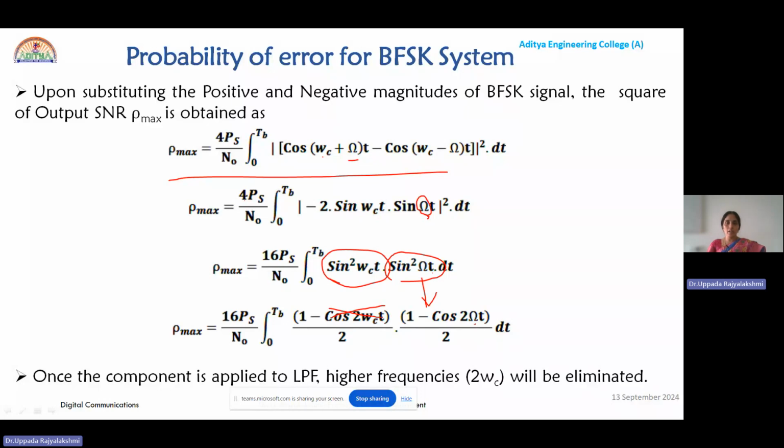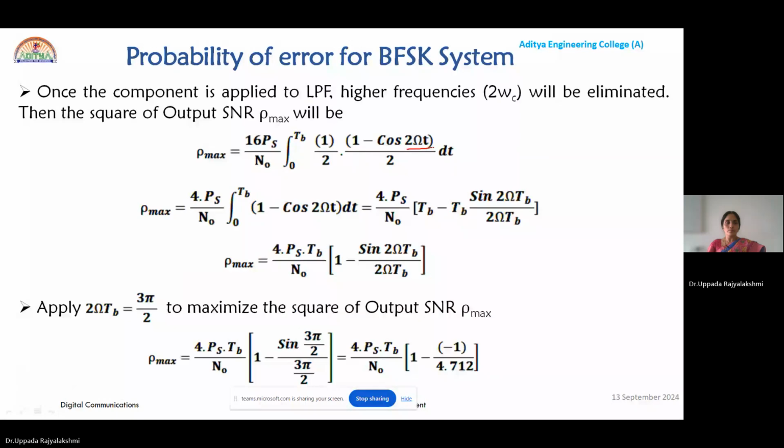But this capital omega represents the change in the carrier frequency, which is a very minute factor. So the 2 omega t component remains, and we get the integral of 1 minus cos 2 omega t dt.